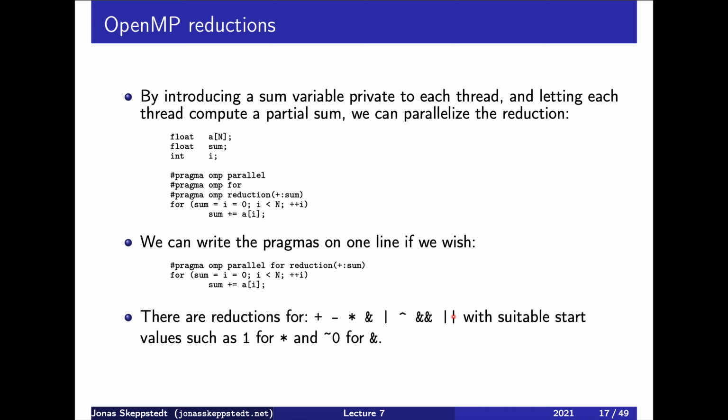And then the variable that we are working on will get a suitable start value, such as 0 for a sum or 1 for a multiplication, and all ones for the AND operator. So tilde 0, I mean, it is bitwise complement, so it produces as many ones as fit into an int, and that's a suitable start for an AND.